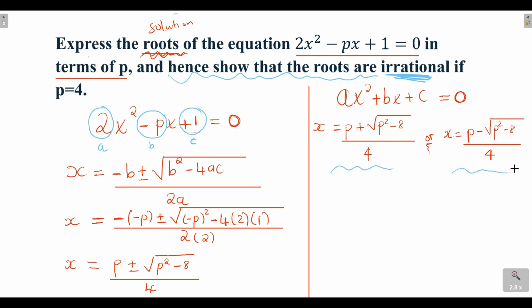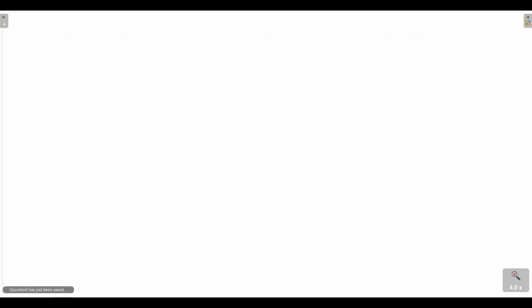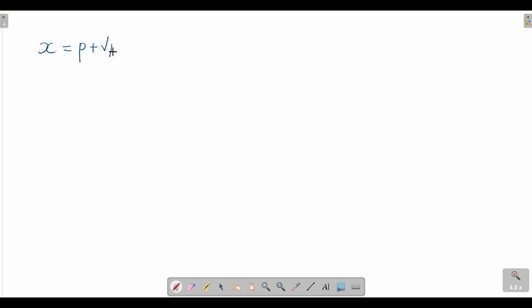If you substitute in place of p, you put a 4. Okay, so let's do that. Let's substitute p is equal to 4 for the roots that we've just obtained. Remember, we found that x is equal to p plus square root of p squared minus 8 all over 4, or x is equal to p minus square root of p squared minus 8 all over 4.